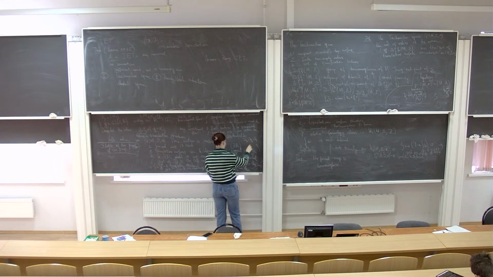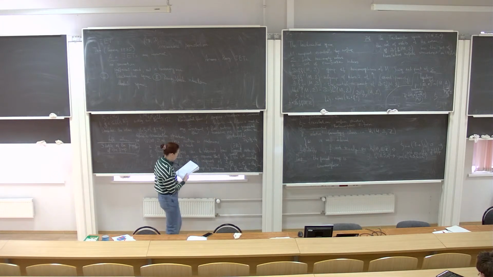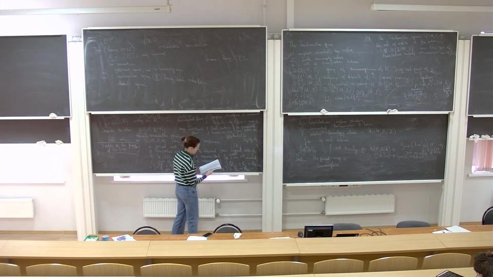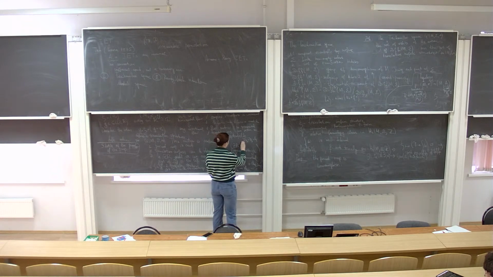And then we can extend it uniquely to the homeomorphism of the whole M with a star. And this extension is just a lift on M. So these two points would coincide in the Teichmüller space.